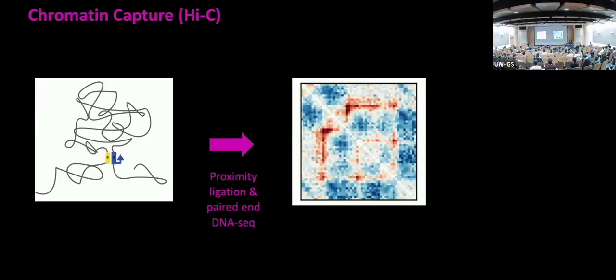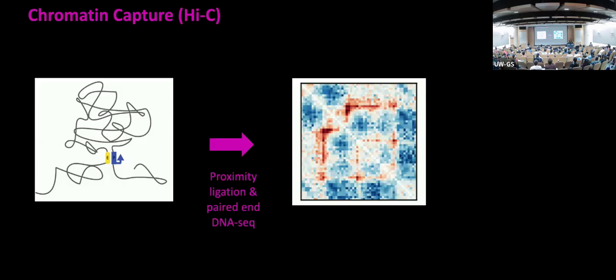The diagonal is the polymer itself, and then the off diagonal is measuring how frequently pieces of DNA that are far away on the linear polymer are nearby in 3D space. So it's a 2D representation of a 3D structure that's easy to measure through sequencing, so we can get it at scale. The redder the pixel is, the more frequent the interaction compared to what would be expected by chance, given how far away they are, and blue means it's less frequently interacting than expected by chance.